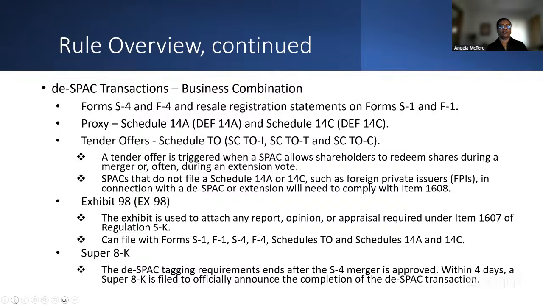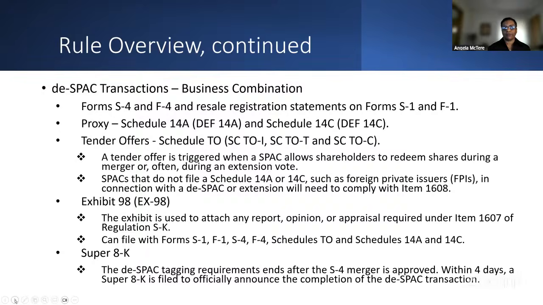Once the de-SPAC is confirmed, the issuers will file a Super 8-K. So when filing the Super 8-K, it would include a lot of detailed information, probably the same information that would be required in a Form 10 registration statement.